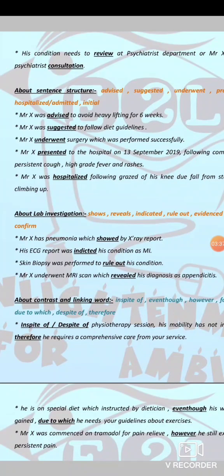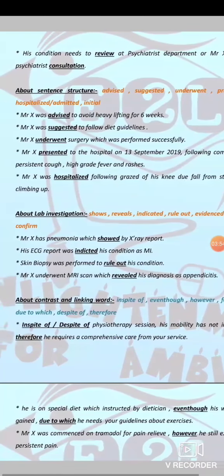Next one is reveals. Reveals you have to write for that particular report, like an X-ray report, MRI report, or CT scan report. So that time you have to write revealed. Next one is indicated.